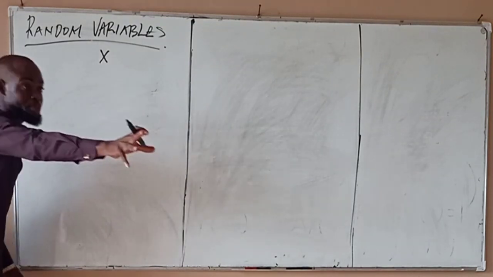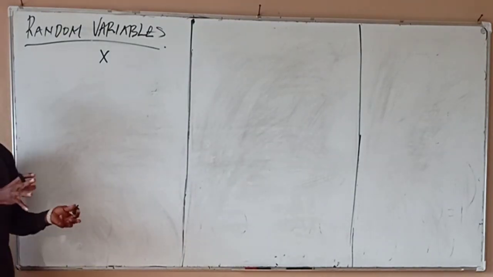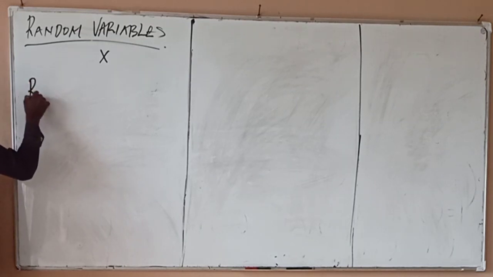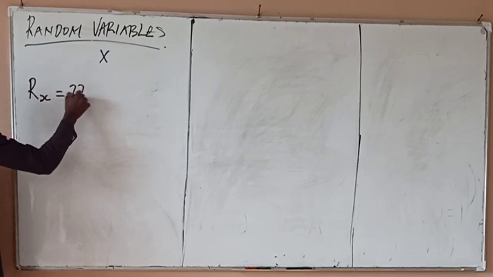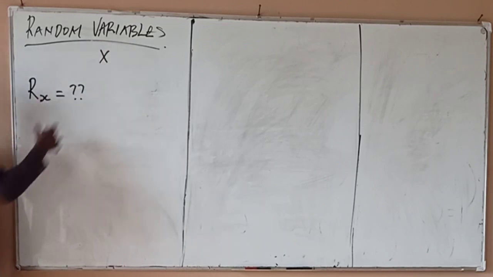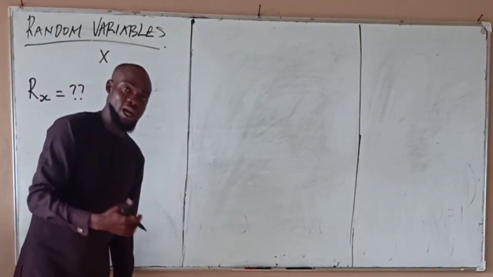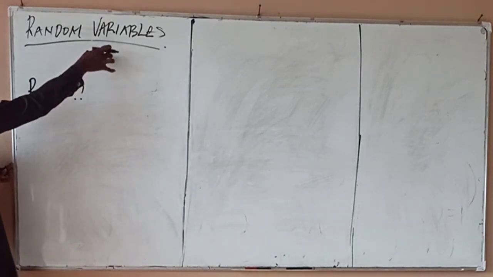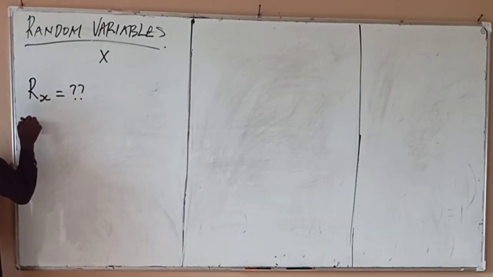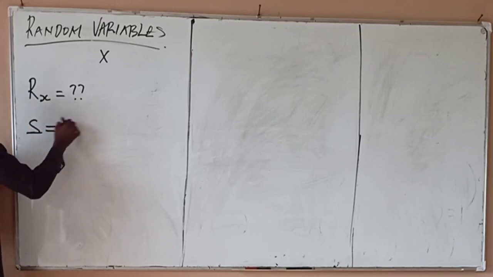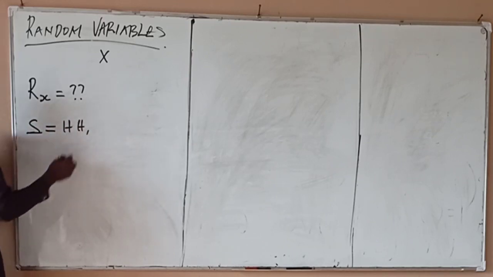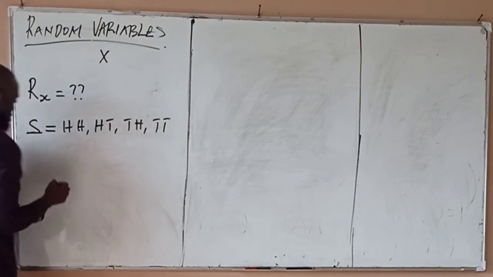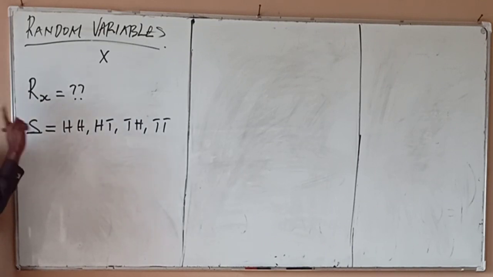Therefore, the range space of x will be what? We said x denotes the number of heads when two coins are tossed once. So I want to check how many heads we are going to have. The sample space: we have two coins, or we are tossing one coin twice.